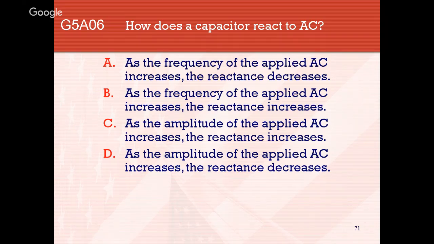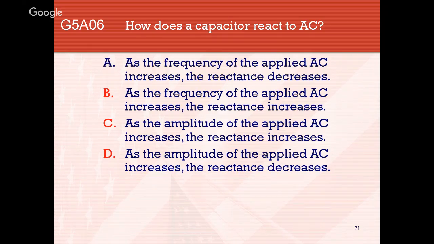So, how does a capacitor react to AC? When you look at the different questions here, again, we're talking about the capacitor as far as AC is concerned. If you remember how it acts as far as whether the reactance increases or decreases, it's whatever frequency is applied to it, whether the frequency is increased or decreased.